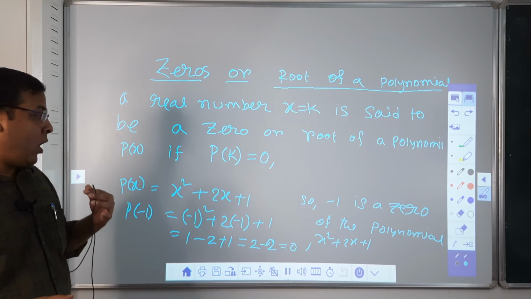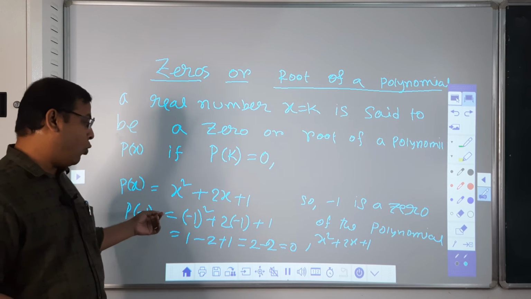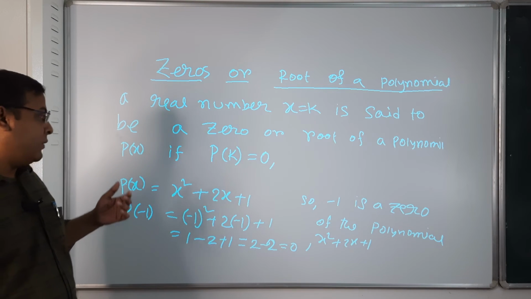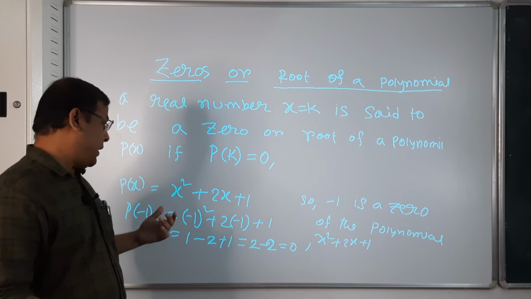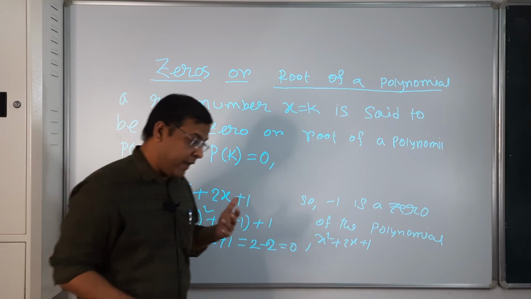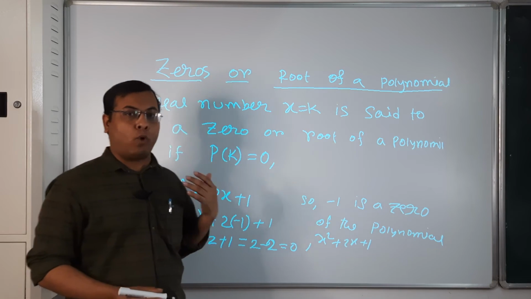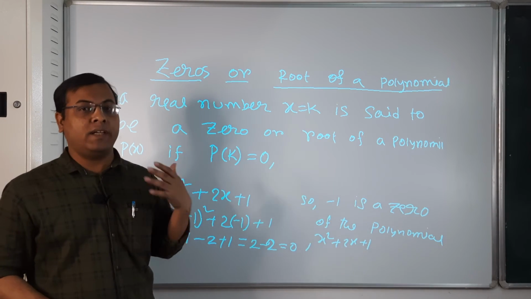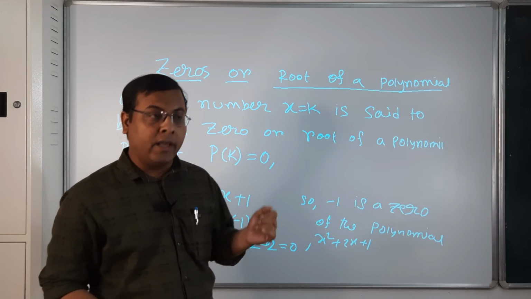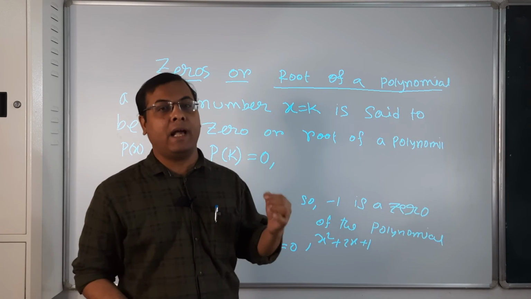Now, this polynomial actually has only one zero. This is minus 1, only one zero. That means a quadratic polynomial may have exactly one zero. The number of zeros of a polynomial depends on the degree of the polynomial. If the degree of a polynomial is n, then the polynomial can have at most n real zeros.